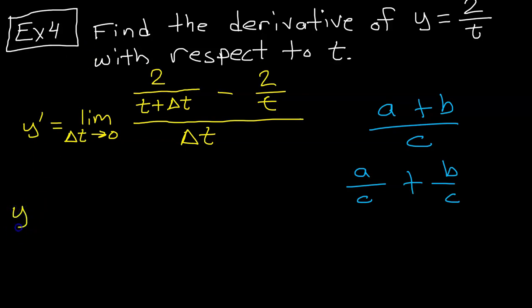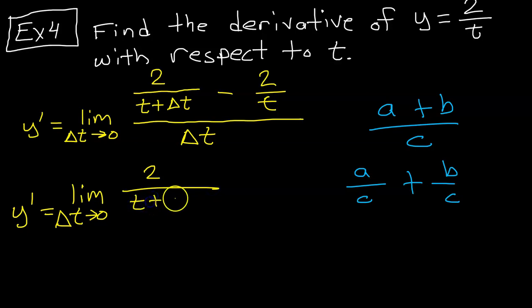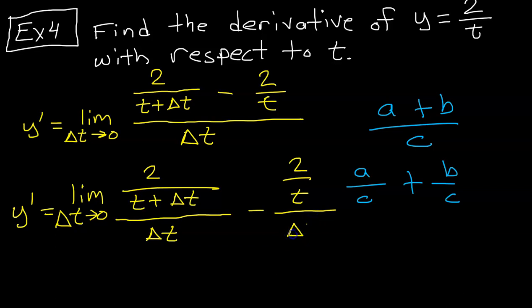So this is going to become y prime is equal to the limit as delta t approaches 0 of 2 over t plus delta t, and that's going to be all over delta t. I'm just splitting it up. And then on the other side, I will have 2 over t all over delta t.